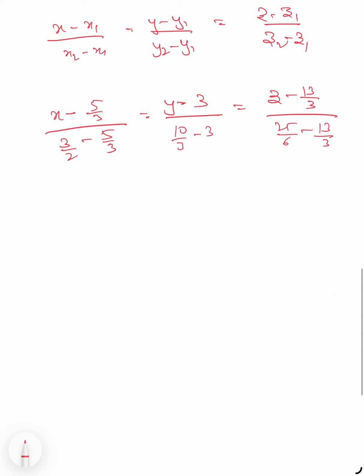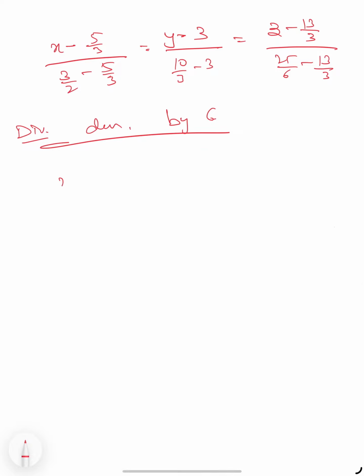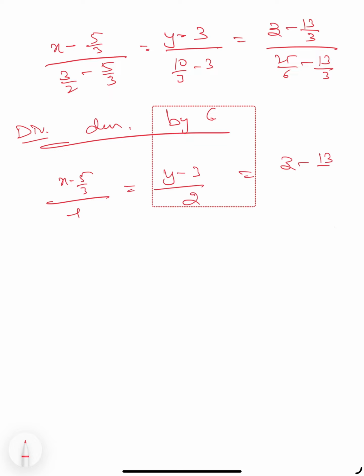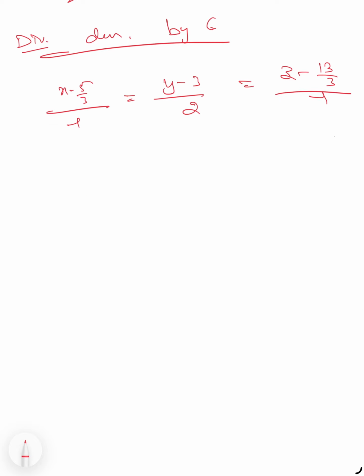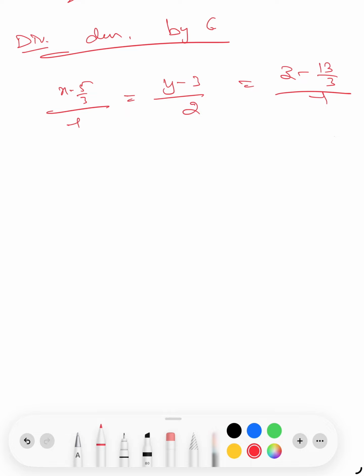Now keeping the numerator as it is and dividing the denominator by 6, just to simplify the calculations, the denominators become minus 1, 2, and again minus 1.